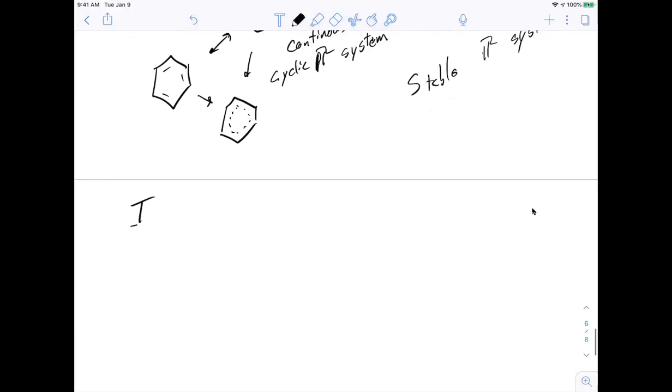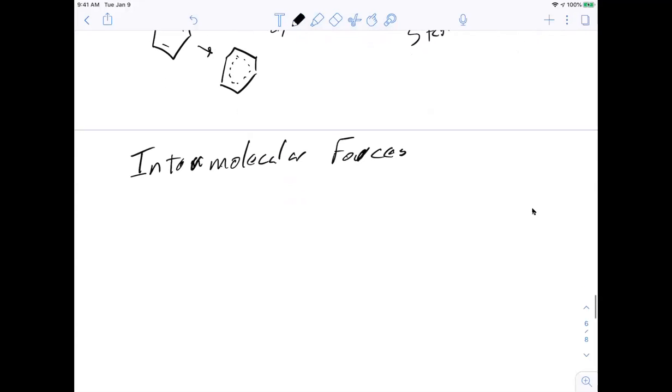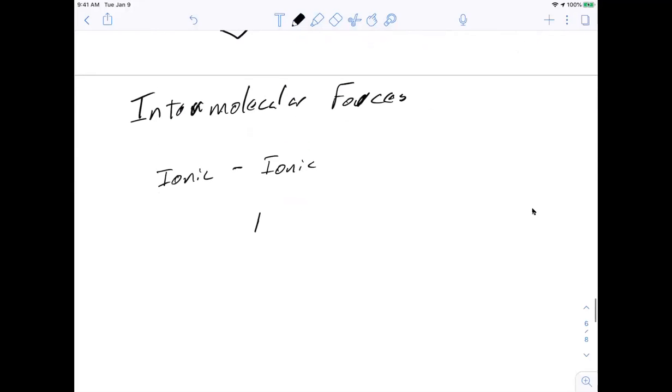So that brings us to intermolecular forces. And let's talk about the simple ones first. So ionic intermolecular forces and ionic intramolecular forces are really the same thing, right?